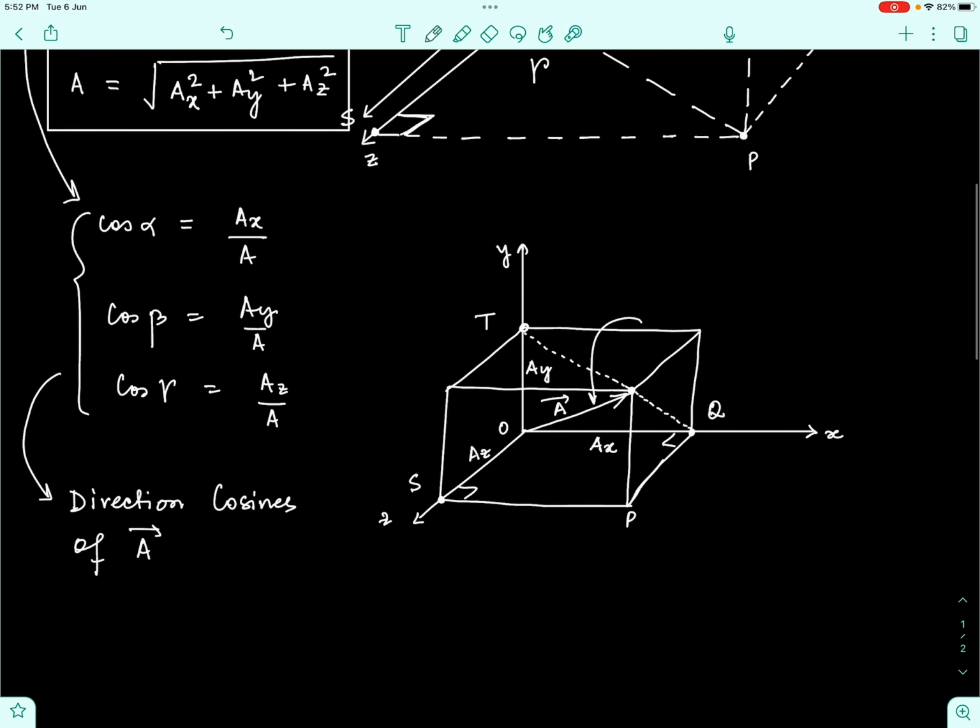What is the relevance of studying direction cosines separately?